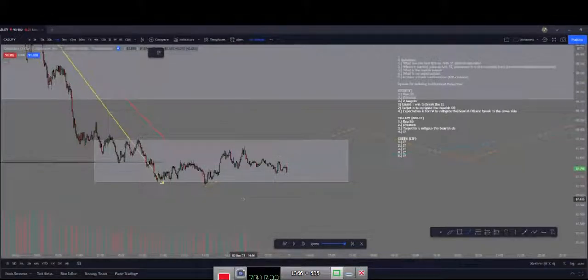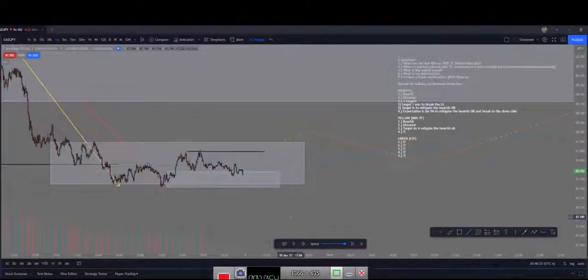It's not really much volume in those, so that is kind of a sign of strength. But we could expect price to come into a deeper mitigation of this and then break the last high. So if price breaks this, I'm looking to go long from it, if that makes sense.